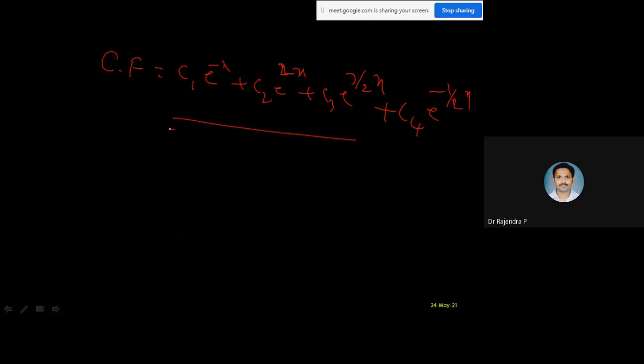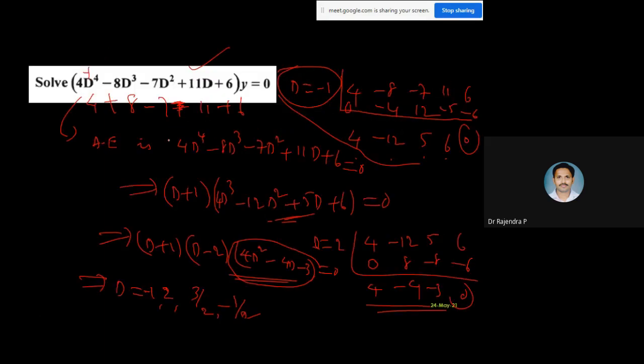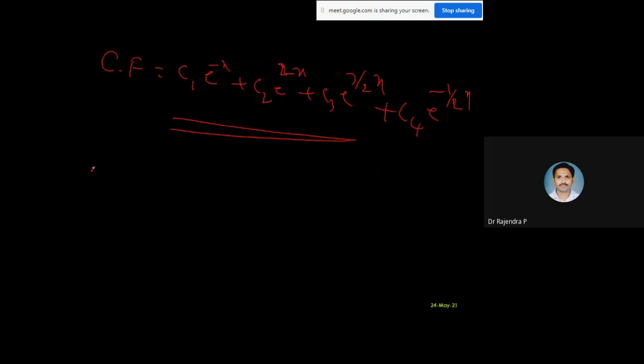So this is your complementary solution. Of course, in the given differential equation, on the other side there is no x. Therefore, the complete general solution y is the same thing. You will get the same thing here, and I need not write it one more time, because there is no x here.